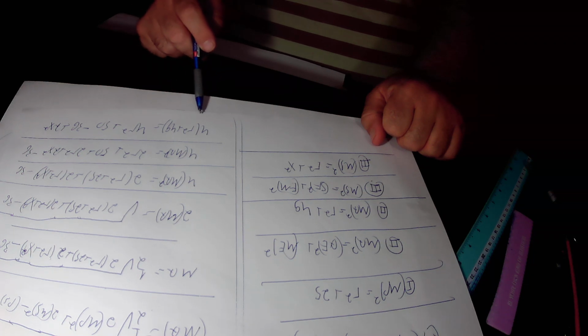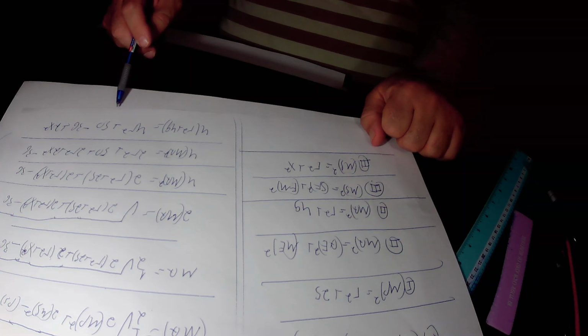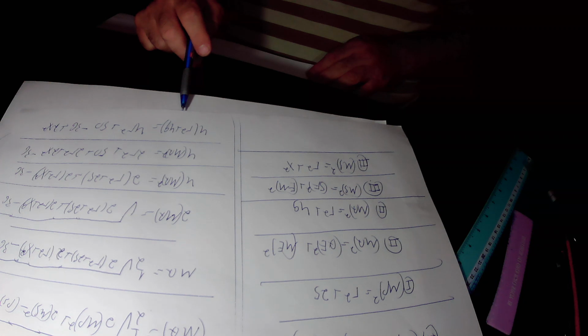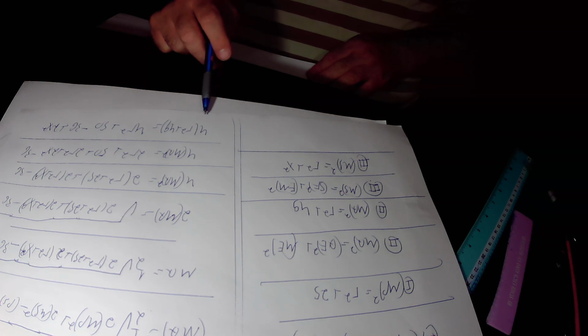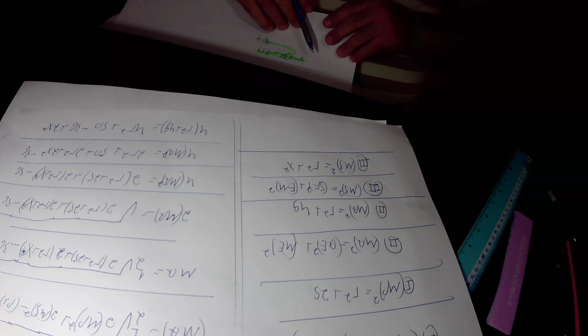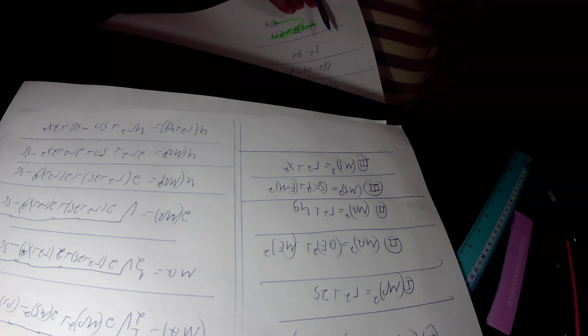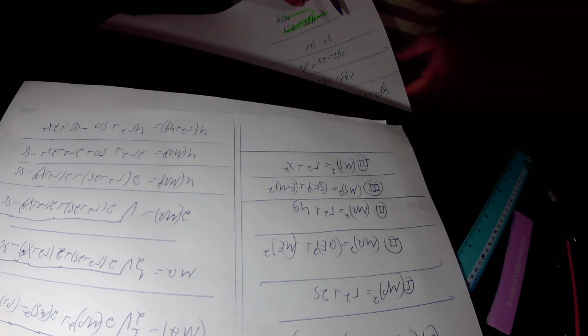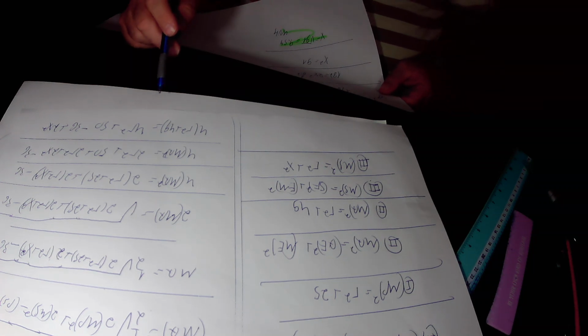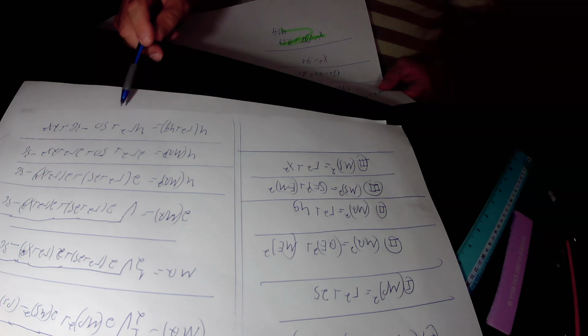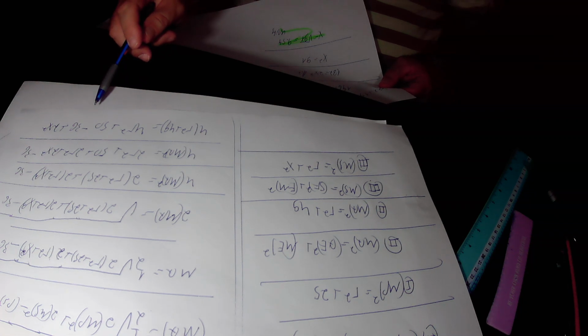So 4 times R square plus 49 equals 4R square plus 50 plus 36 plus 2X square. We open the brackets here, so it is 4R square plus 4 times 49, which is 196. So on this side we have 4R square plus 196 equals 4R square, and 50 minus 36 is 14, plus 2X square.